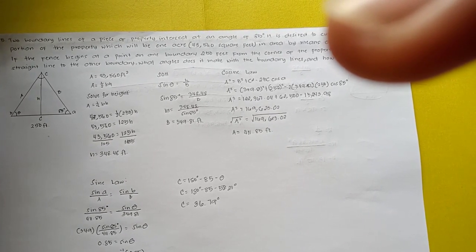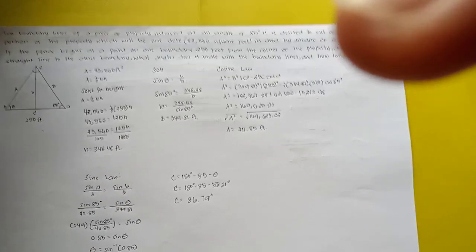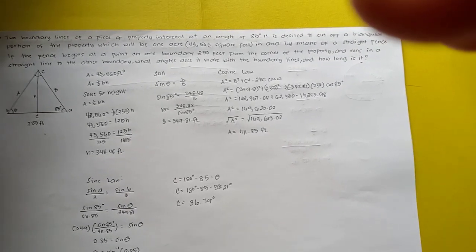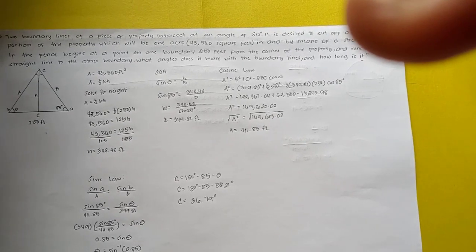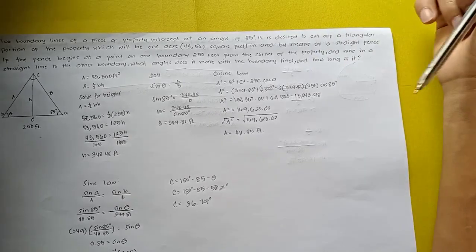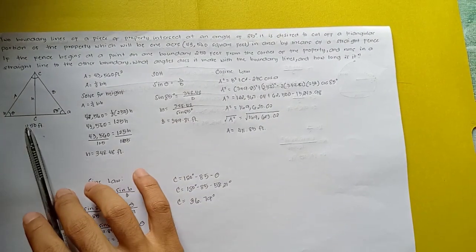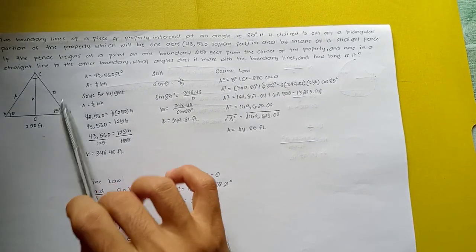If the fence begins at the point on one boundary 250 feet from the corner of the property and runs in a straight line to the other boundary, what angles does it make with the boundary lines and how long is it? So here is the illustration.